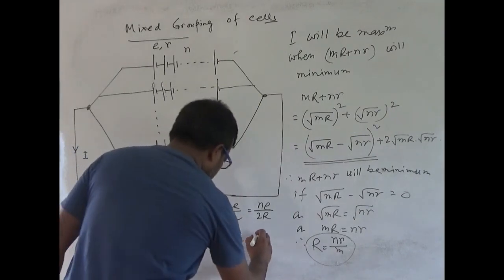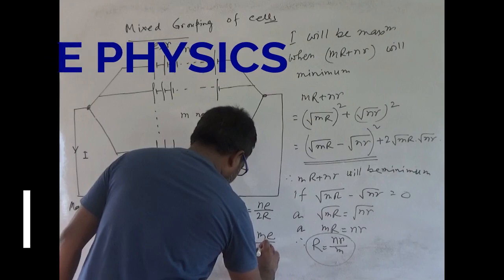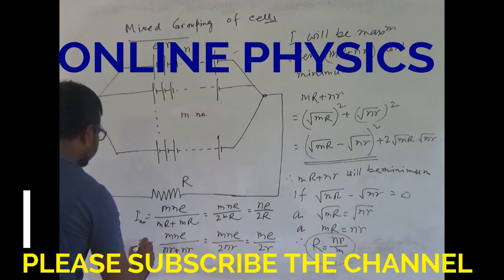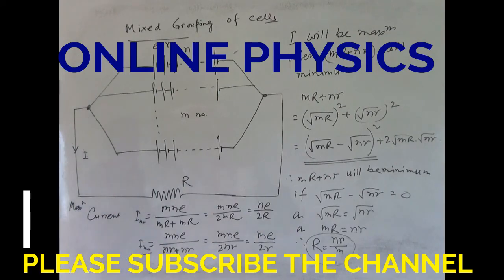That means the maximum current is me by 2r. This is the maximum current, right, through the circuit.